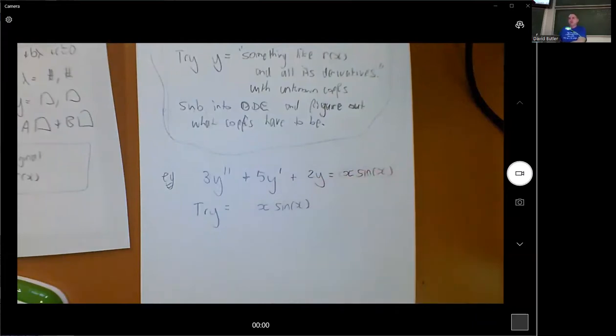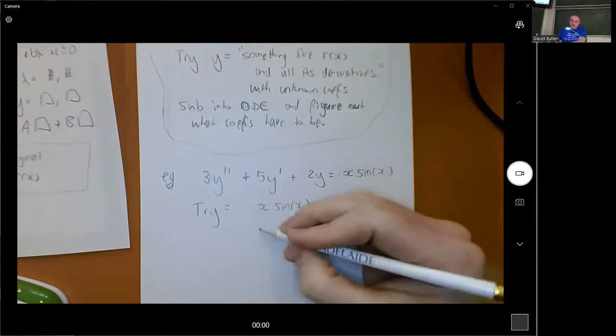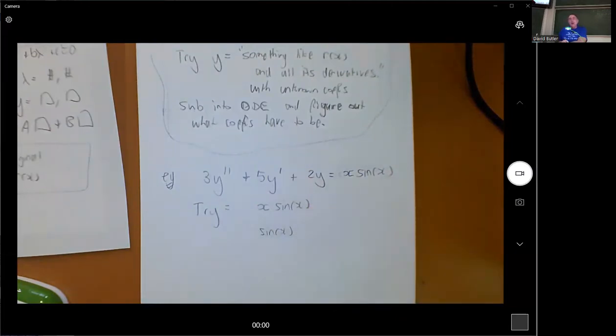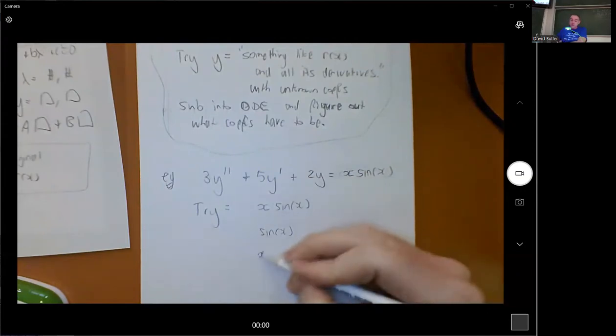So when I differentiate x sine x, I'm going to get sine x, differentiating the x and keeping the sine x. And I'm going to keep the x and differentiate the sine x, and that's going to give me x cos x.